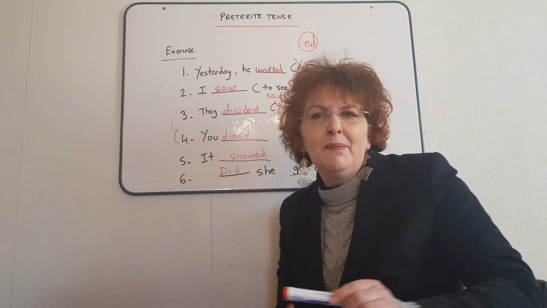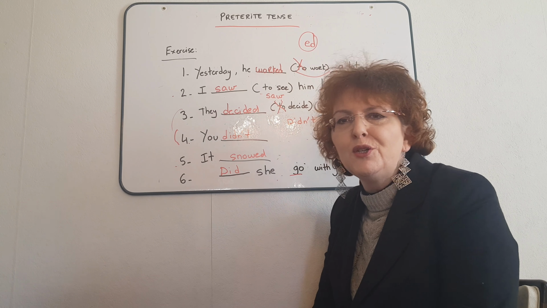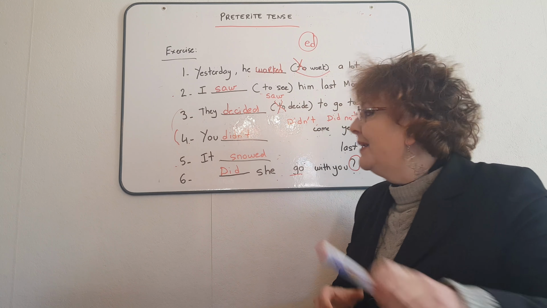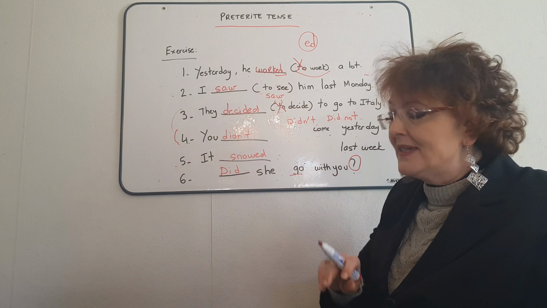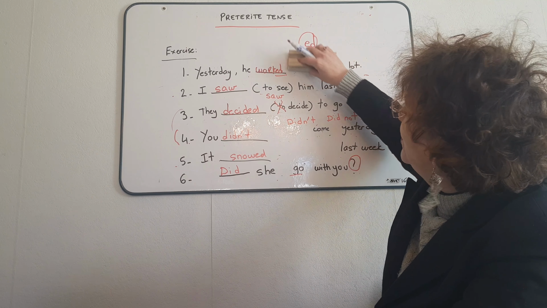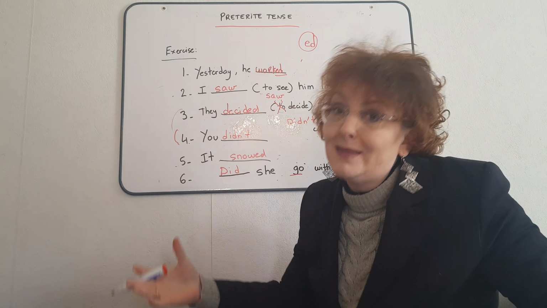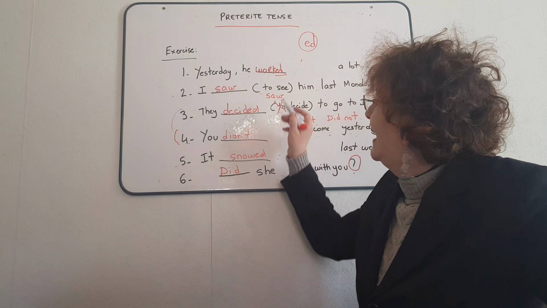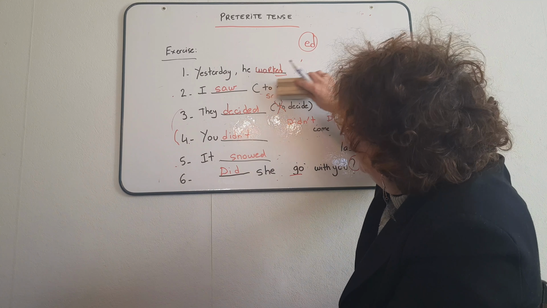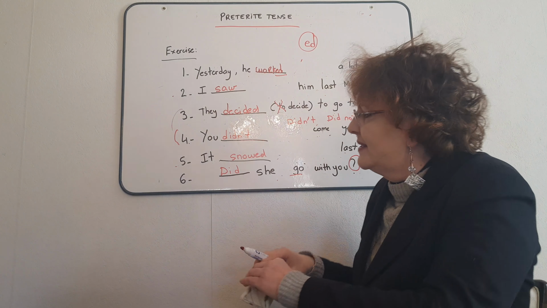Okay, so try to remember when to use the preterite tense and how to use it. Regular verb like to work, we add ed at the end and we remove the to. Irregular verb, sorry, you have to learn them, there is no other way, like to see, which becomes saw in the preterite tense.